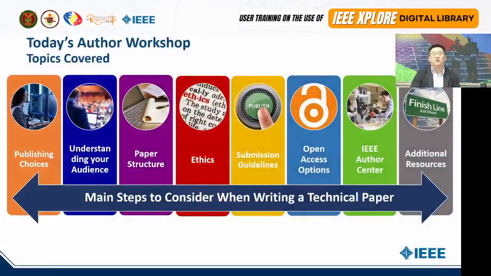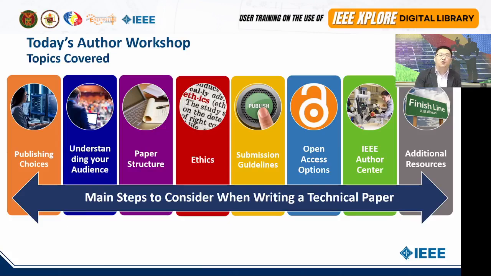This shows the flow of the topics we are going to cover. Before we talk about writing, for a researcher, master's or PhD student, what are the options for us? Understanding our audience will include our editors and reviewers as well, and they are the ones deciding whether your paper will get published. So we have to make sure that we know what they are looking for so that we can prepare the paper according to the requirements.